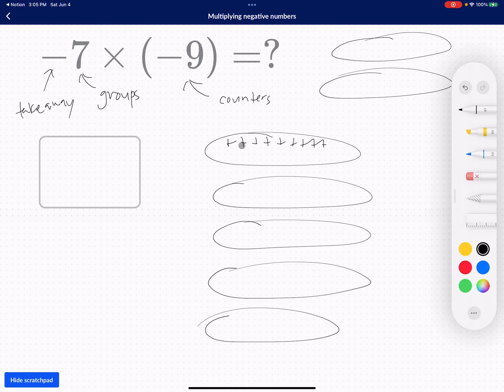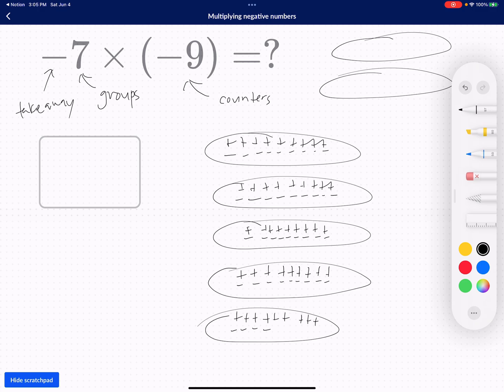So again, 1, 2, 3, 4, 5, 6, 7, 8, 9, and I keep repeating this for each group, drawing 9 counters at a time. I keep drawing one positive and one negative, or more.